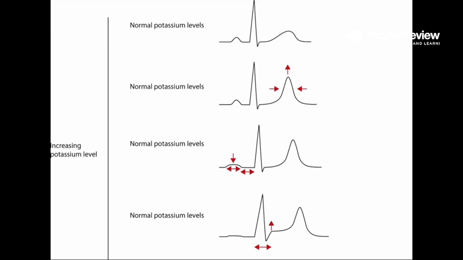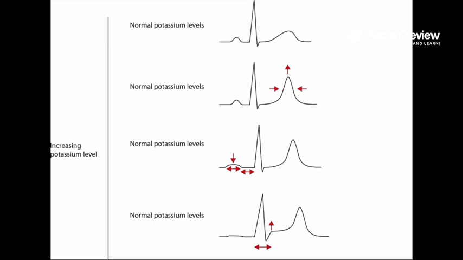We should have already caught it with the tall peaked T wave, but now we see a long PR interval, and we know this patient's potassium is really getting up there. Moving on to the very last picture is when our potassium is at near fatal levels, going on 7 or 8. We still see the tall peaked T wave. Our PR interval is so long, it's not even really there anymore. The P wave has almost disappeared, and our QRS is much widened.